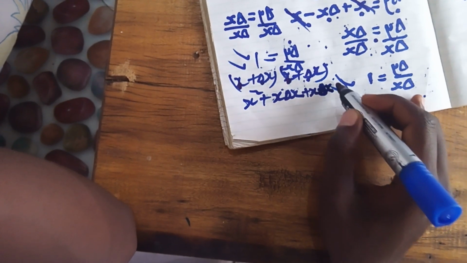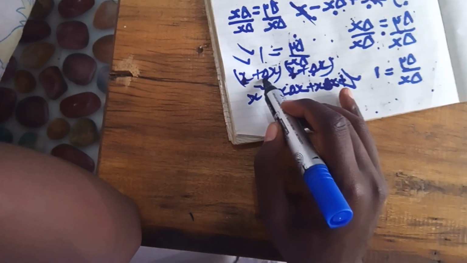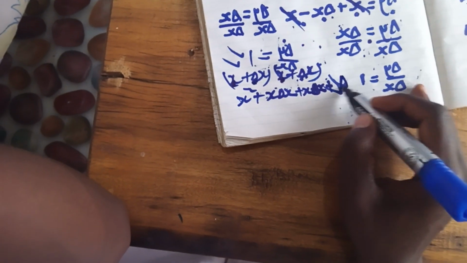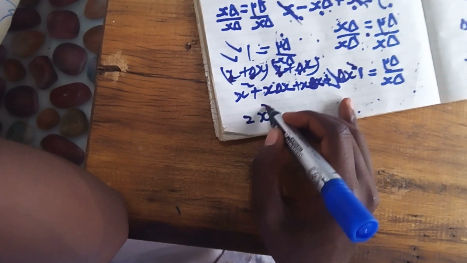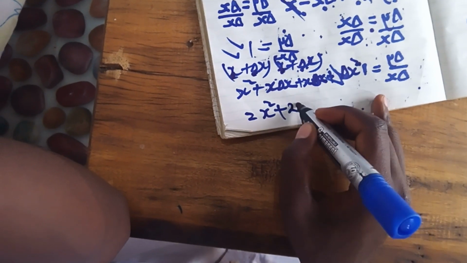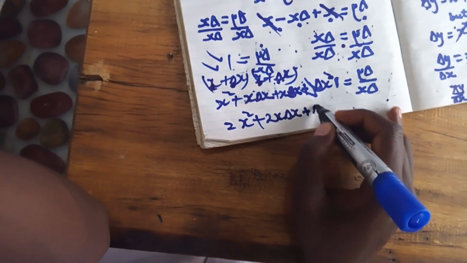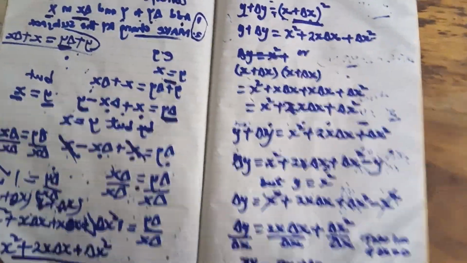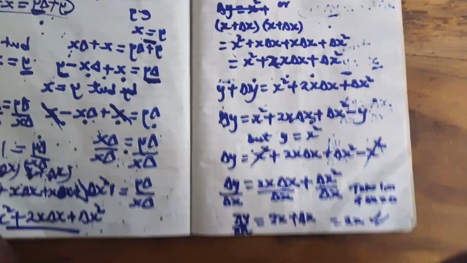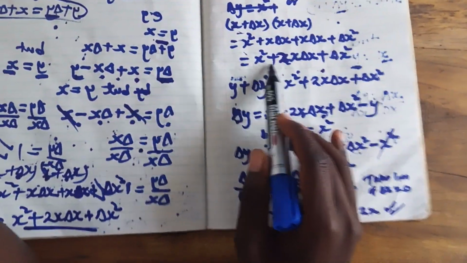Plus the last one, change in x multiplied by change in x, which gives us change in x squared. So our final answer will be x squared plus 2x change in x plus change in x squared. We have now completely expanded the concept.